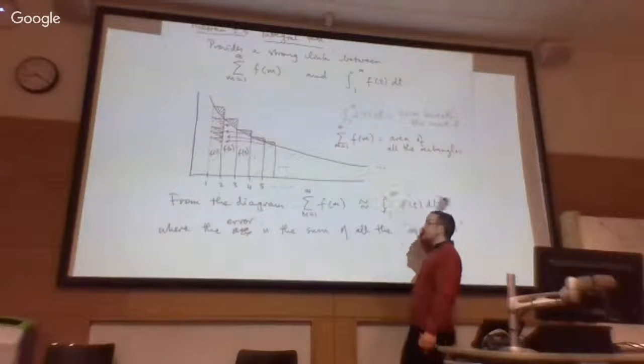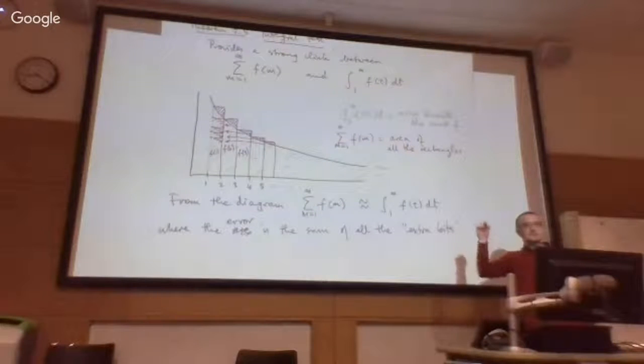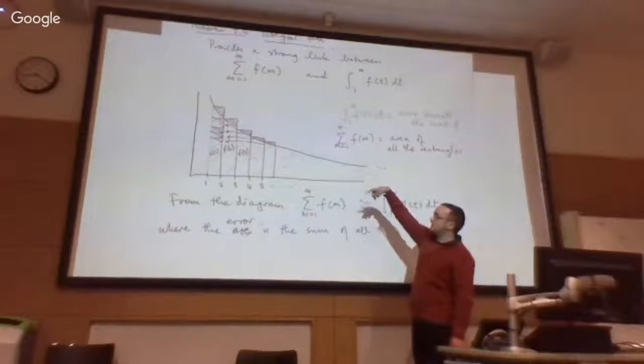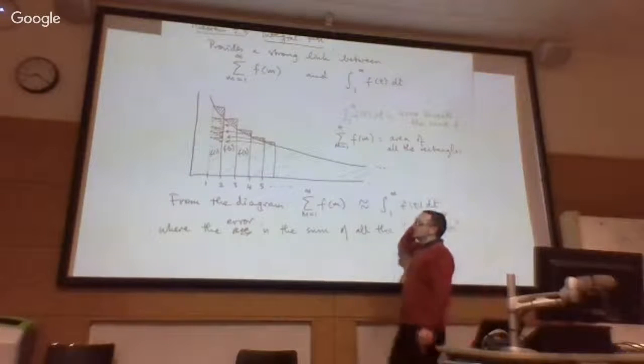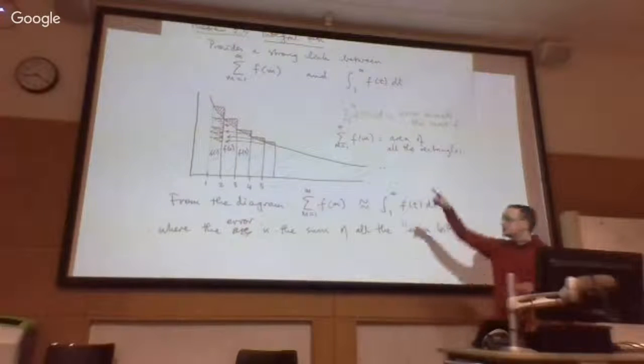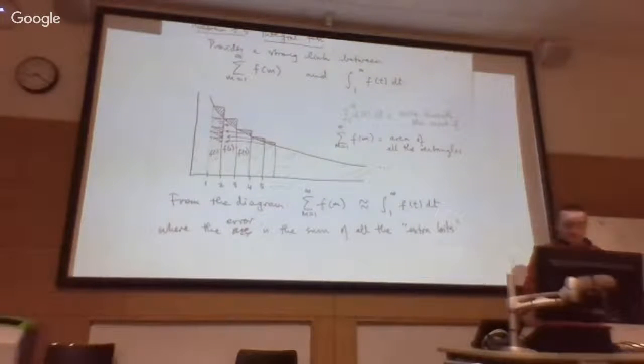Okay? We've got this infinite collection of rectangles extending all the way out to the right. For each of them, there's a little bit of an error compared with the area underneath the curve, a little bit of the rectangle poking out above the top. But you can just horizontally slide all those errors over, and you can see that they all fit inside the first rectangle. It's got area f(1).